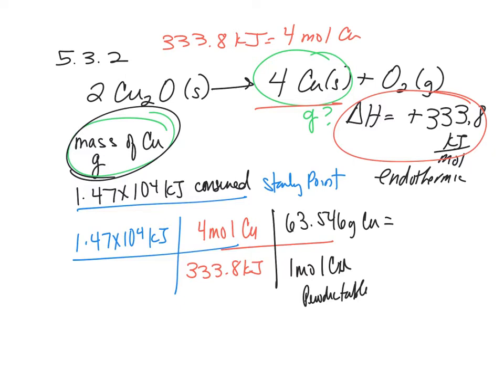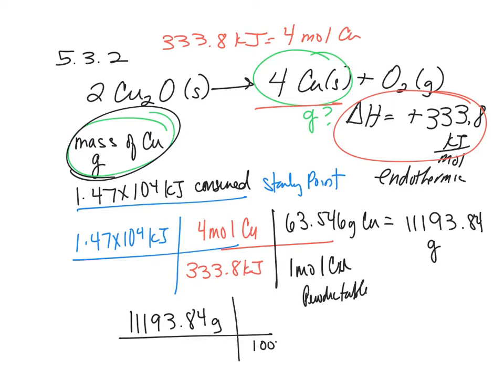And now I can do 1.47 e to the fourth divided by 333.8 times 4 times 63.546. I get 11193.84 grams. And I look at my answer and I see, oh, it's in kilograms, so I got to convert this grams to kilograms, or 1,000 grams into 1 kilogram.